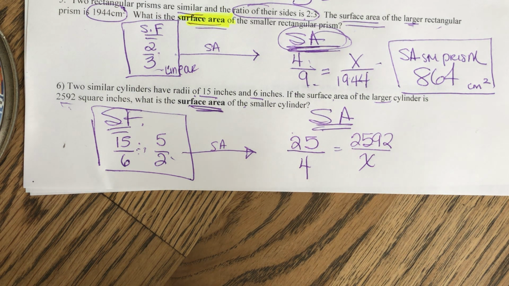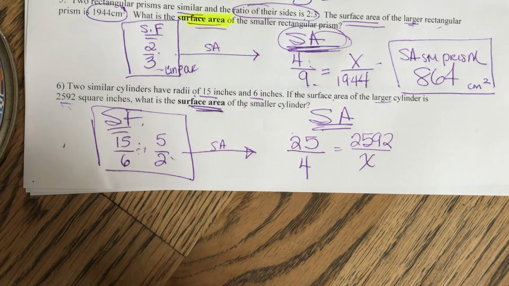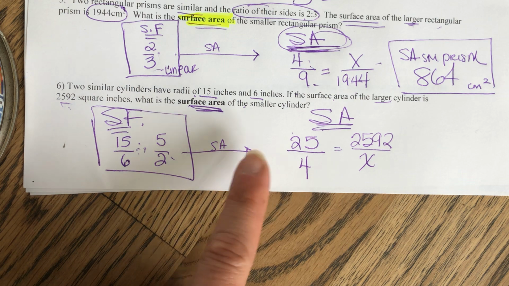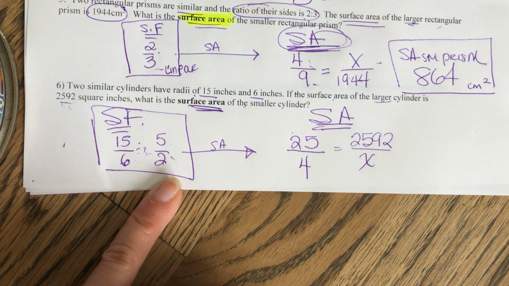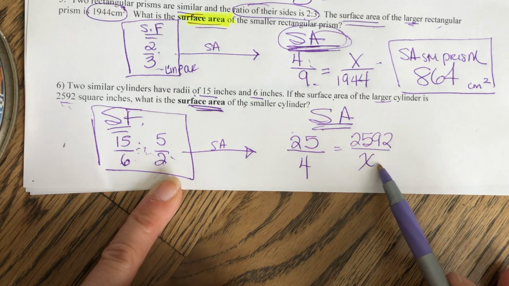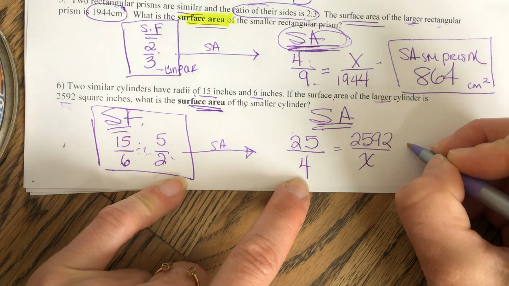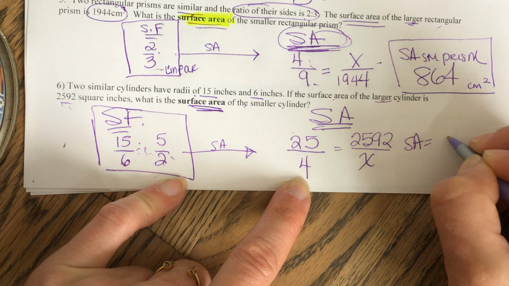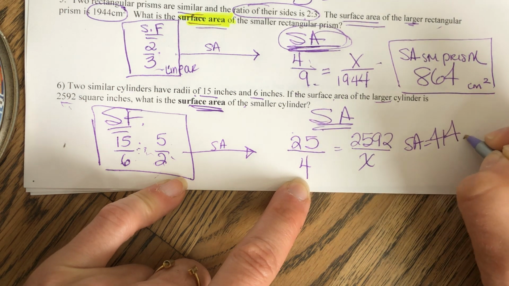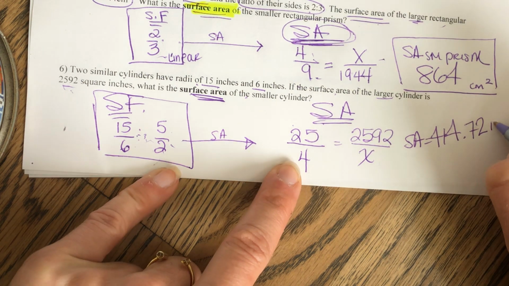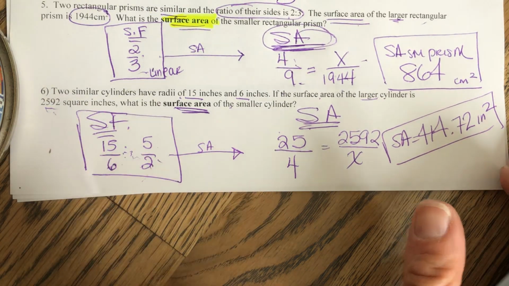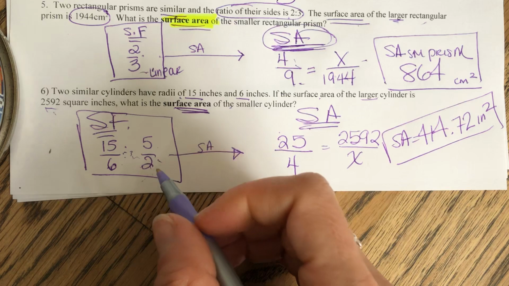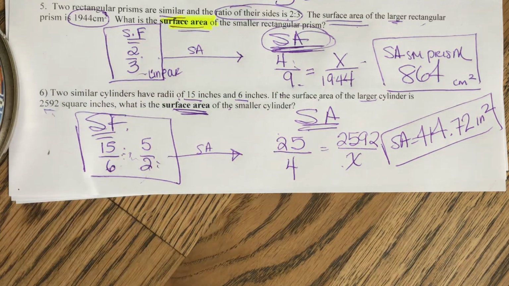So 4 times 2592 divided by 25. So the surface area would be 414.72 inches squared. That's it. It is that easy, but it is that hard where you guys take this number and you set it equal.